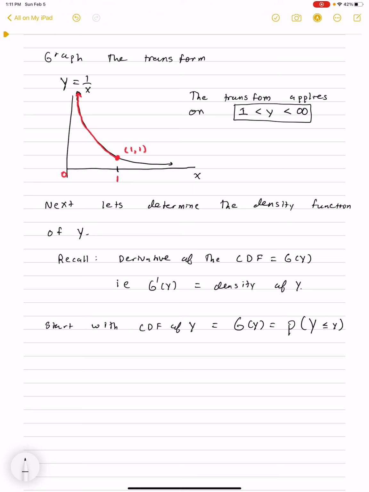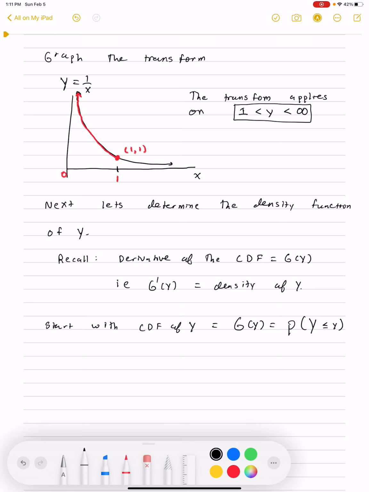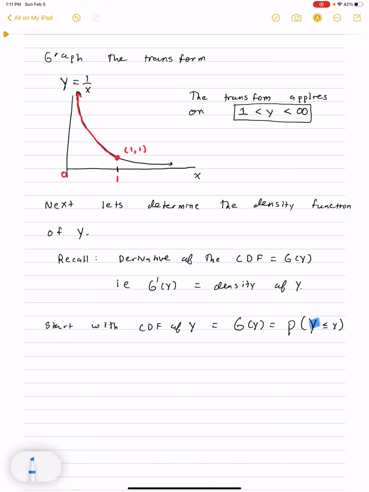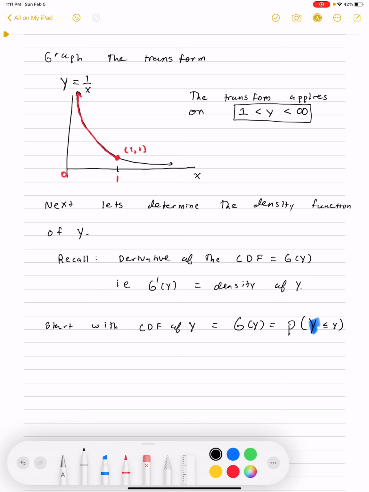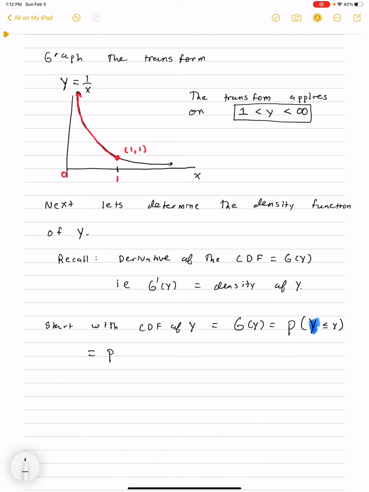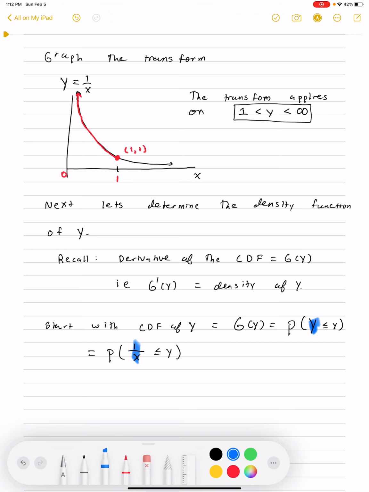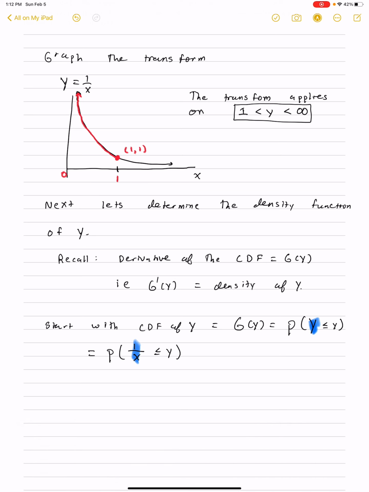Now, I can replace the random variable being this part, with its transformation. So the transformation is 1 over x is less than or equal to y. Now I know the density function of x, so the next thing I'm going to do is solve for x since we know its density.